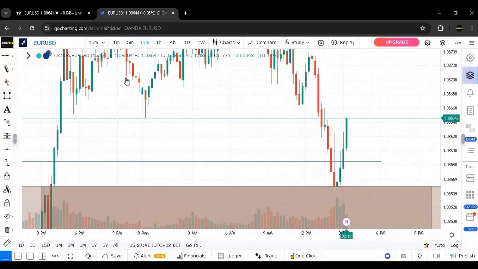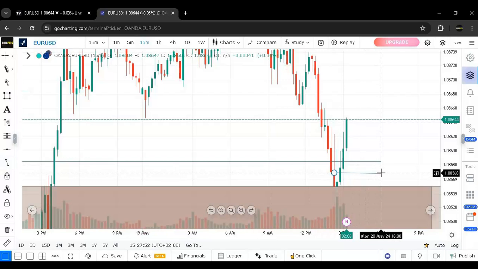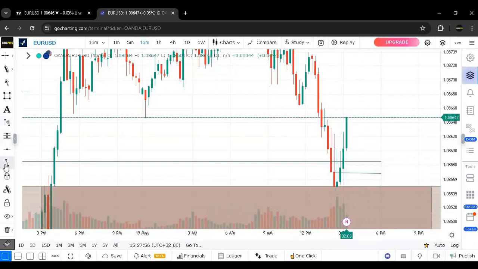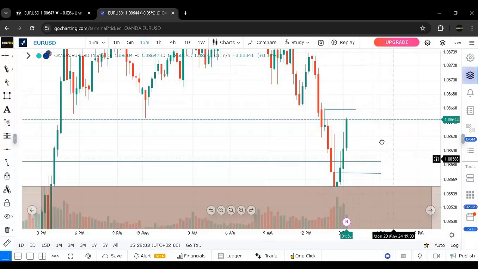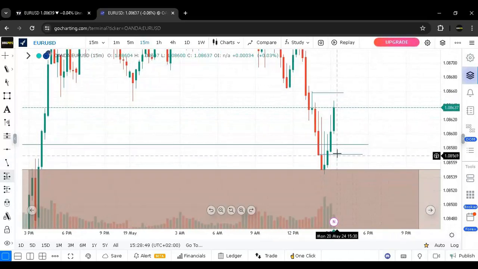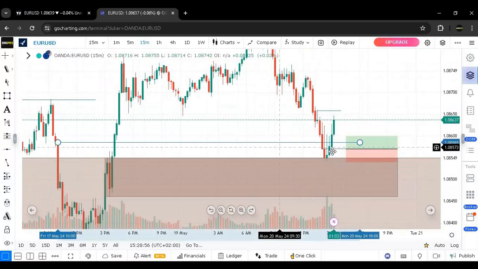On the 15 minute, the best place for me to have an entry right now would be on this order block. That is, if it doesn't give me a fair value gap in here before it breaks this, or after it breaks this structure right here. So right now I have my entry right here on the order block, and put my stop loss just below.